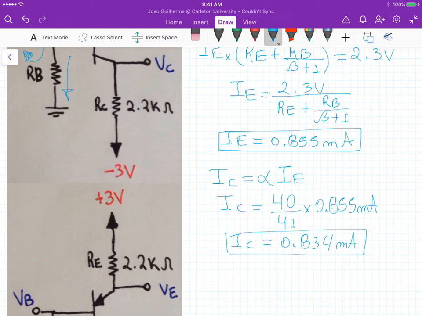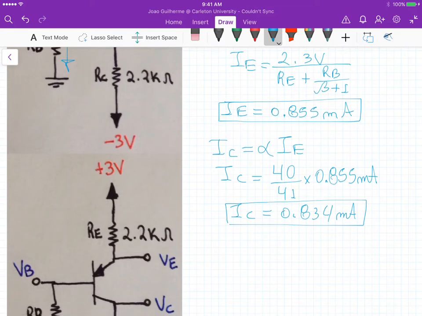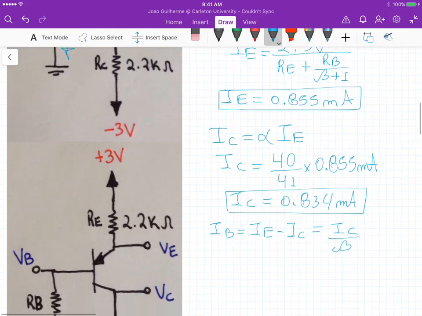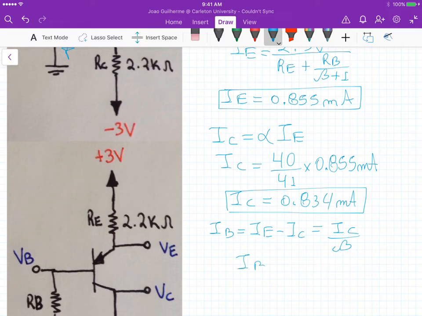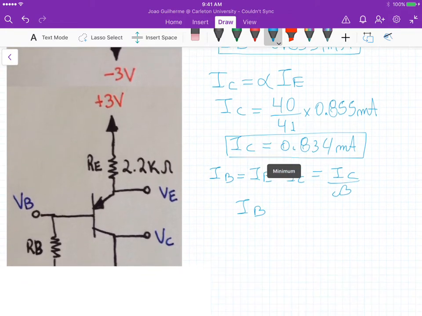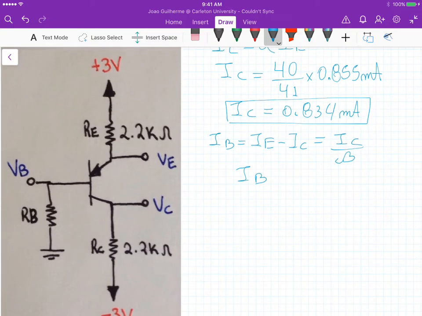Now for IB, we could take the difference, right? We know that IB is equal to IE minus IC, which is the same as IC divided by beta. And in this case, IB is the current that's flowing through this resistor here. This is IC, this is IB.